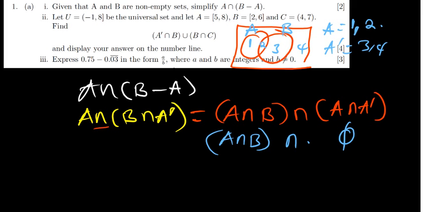It's intersection. Okay, let's use a Venn diagram. It's the empty set. In the empty set we don't have anything. But in A intersection B we have something, right? What is A intersection B? A intersection B is 2. Intersection, empty set, we don't have anything here.